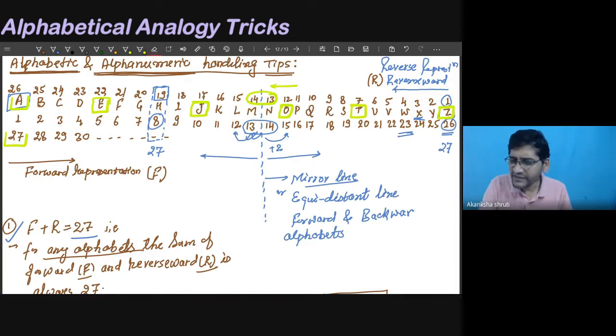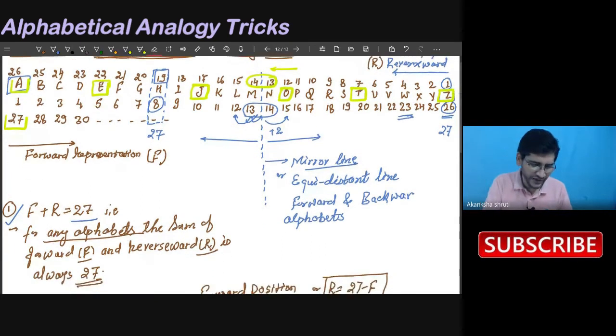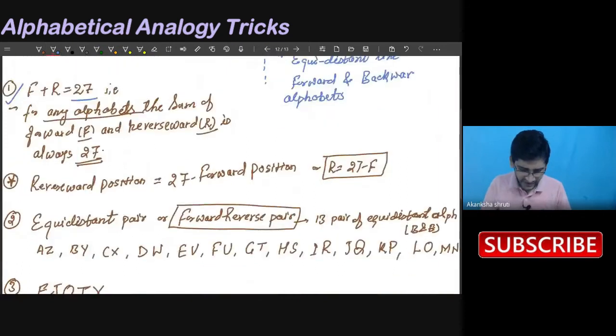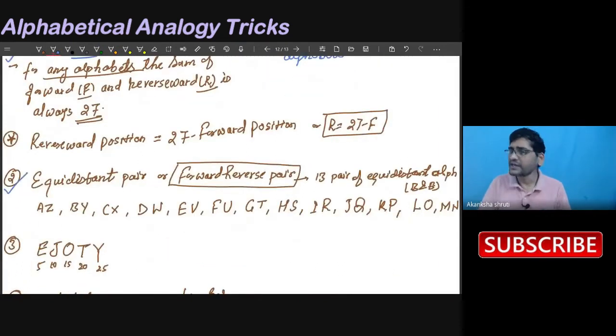What are the reverse pairs or opposite pairs? Based on that, the questions are also framed. For the equidistant pairs, there are a total of 13 pairs. So we have to keep in mind AZ, BY, CX, DW, EV, FU, GT, HS, IR, JQ, KP, then LO and M. Okay, these things we need to keep in mind.